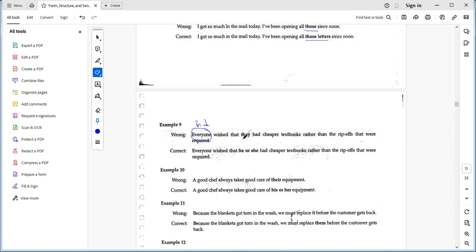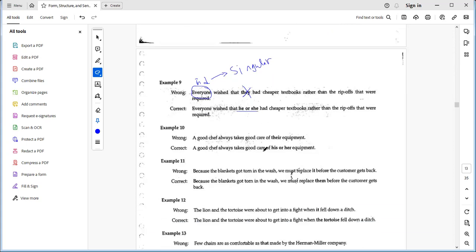Everyone wishes they had a cheaper textbook rather than the ripoff that was required. Teacher, you told me that "everyone" is an indefinite pronoun that is all the time singular. How can you say "they"? It's wrong. So it must be "he or she."